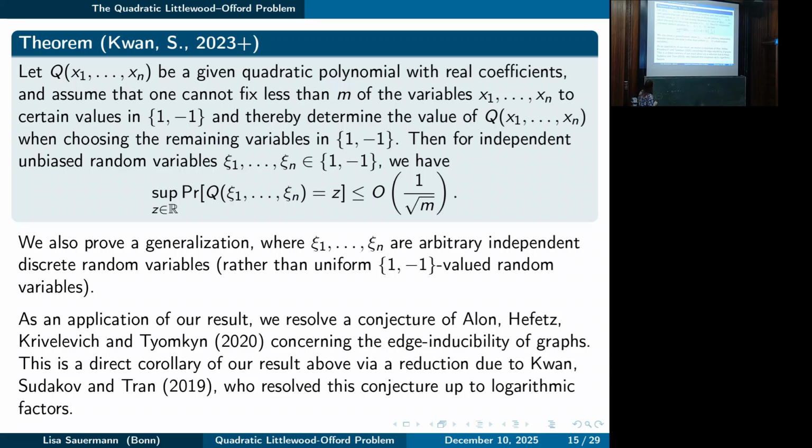The third was then resolved up to logarithmic factors by Kwan, Sudakov, and Tran, via a reduction, using the Nguyen and Vu result. If we instead take our result, then we get the sharp bound on this graph theory problem. But again, that's not the focus of today's talk.